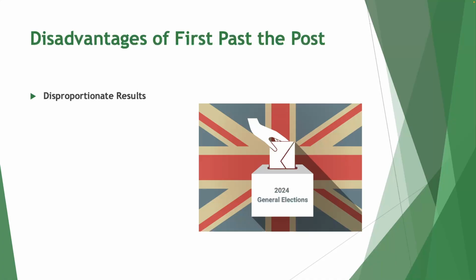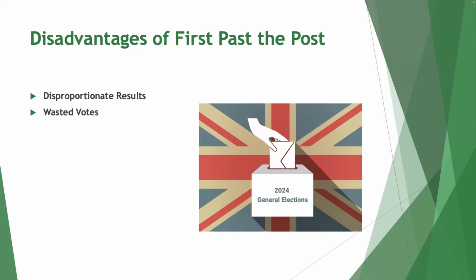The example that I've been using at multiple points in this series is the 2015 election, UKIP receiving about 12.6% of the national vote, which is around 3 million votes, but not winning a single seat in the House of Commons. That's where you get the idea of a disproportionate system.